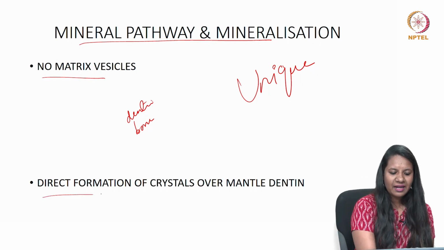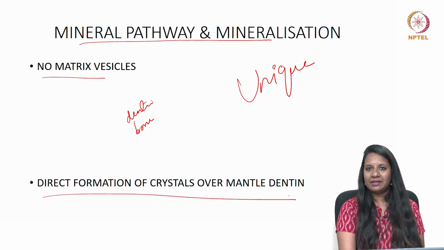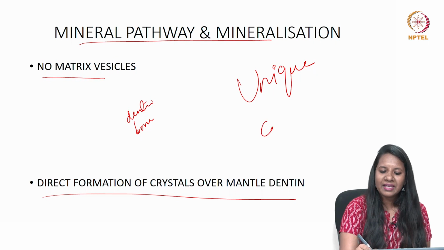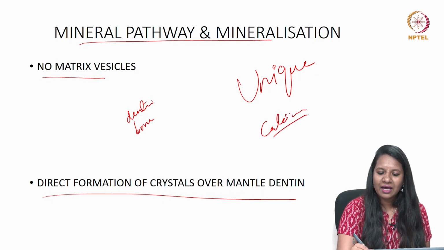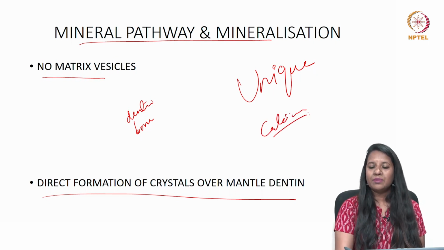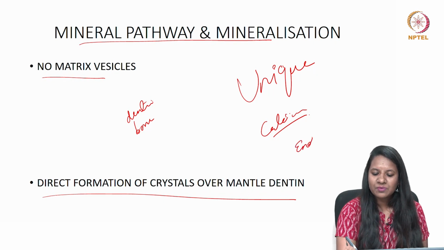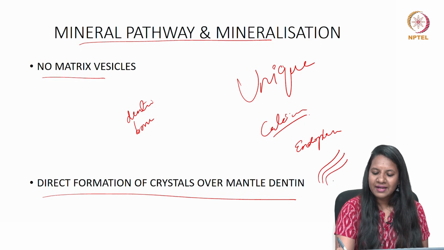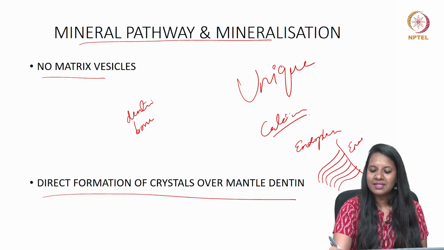It is just the direct formation of crystals over mantle dentin. So, then how does the calcium pass through the enamel? It is passed through the enamel with the help of the endoplasmic reticulum, and there will be smooth sinusoidal pores through which the calcium gets into the enamel surface.